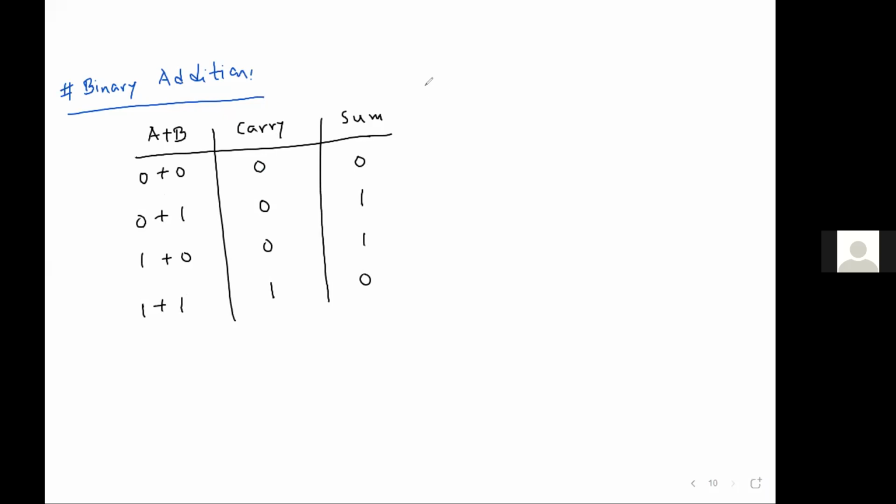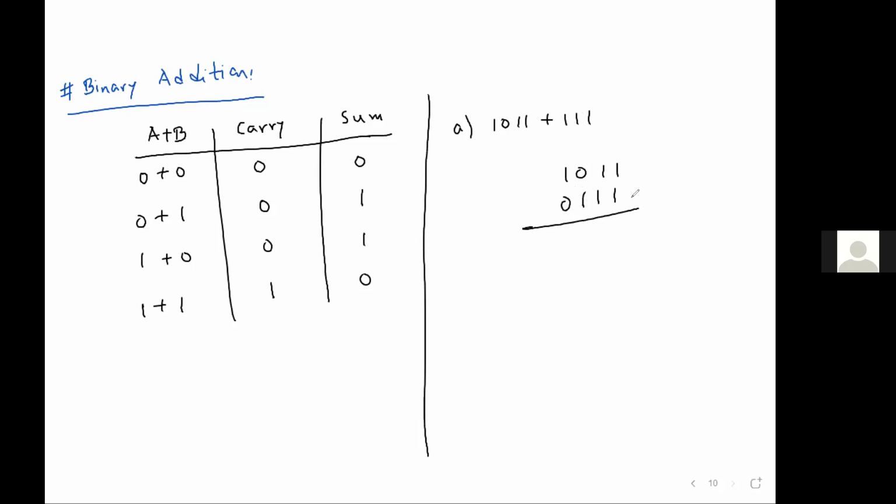So let us do a binary addition. Let's take a simple example, because it doesn't matter if we make it complicated. The process remains the same. So let's add 1 0 1 1 and 1 1 1. If you don't have anything, you may add a simple 0 to make it easier.